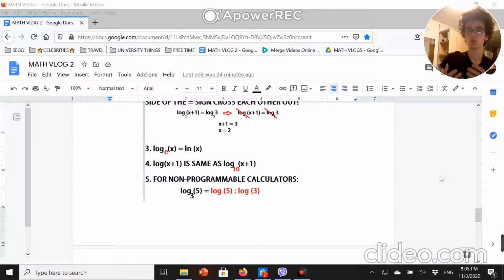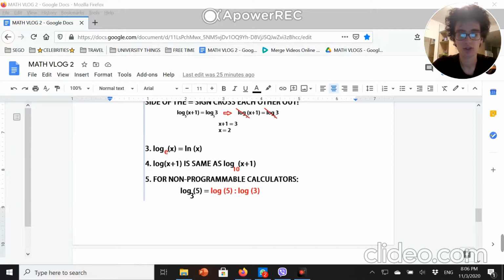So in order to avoid having e in a base, we would just write ln and then everything that we had in the parentheses, like I wrote x here, but it can be any number. The answer will be the same as if you put log in the base of e, but since we are dealing with non-programmable calculators, it will be way easier.